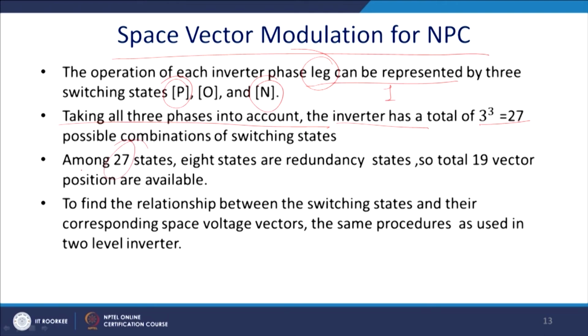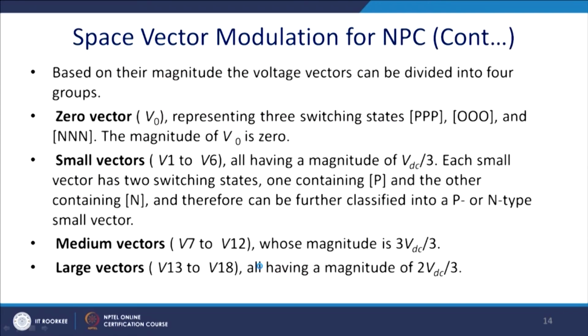Among 27 switching states, 8 states are redundant. So, a total of 19 vectors are possible. To find the relationship between these switching states and their corresponding space voltage vectors, the same procedure is used as for the 2-level inverter.